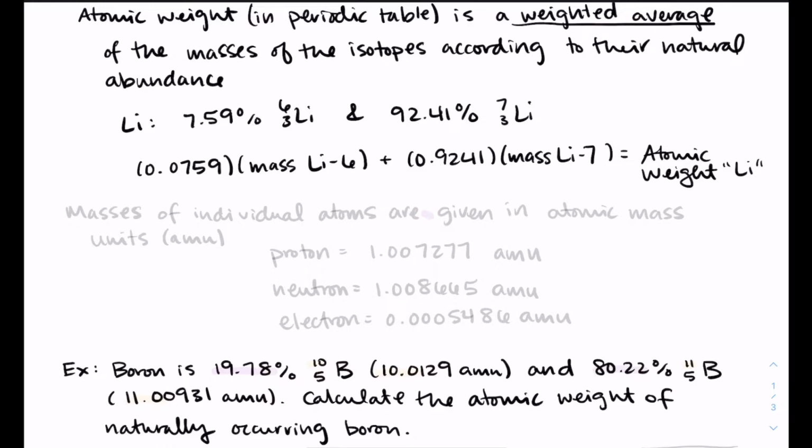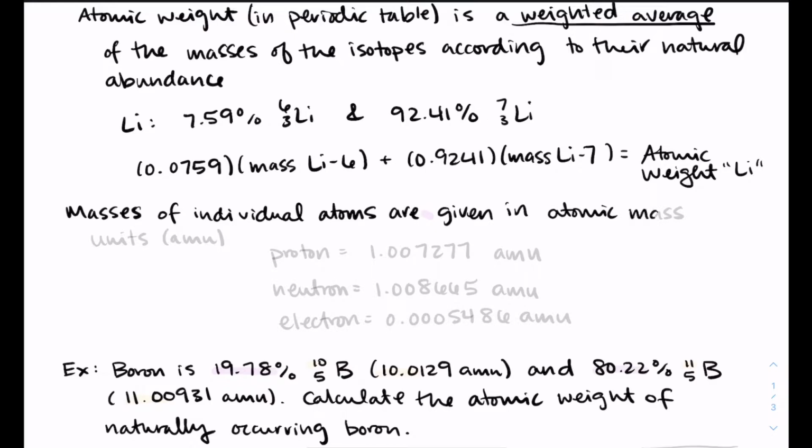So we would expect the atomic mass to be much closer to what we would expect for lithium 7, but a little bit lower because a small portion of that sample is from a lighter isotope.